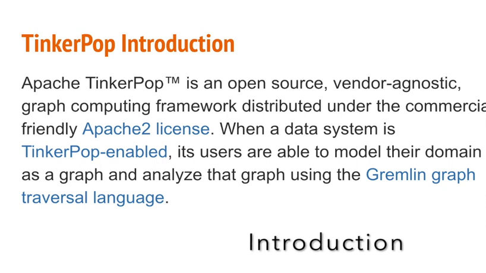Coming to Tinkerpop, you have two sections. One is the Gremlin console, and another one is the Gremlin server. The Gremlin console is an in-memory graph database, the property-based graph, where you can create and remove the graph.